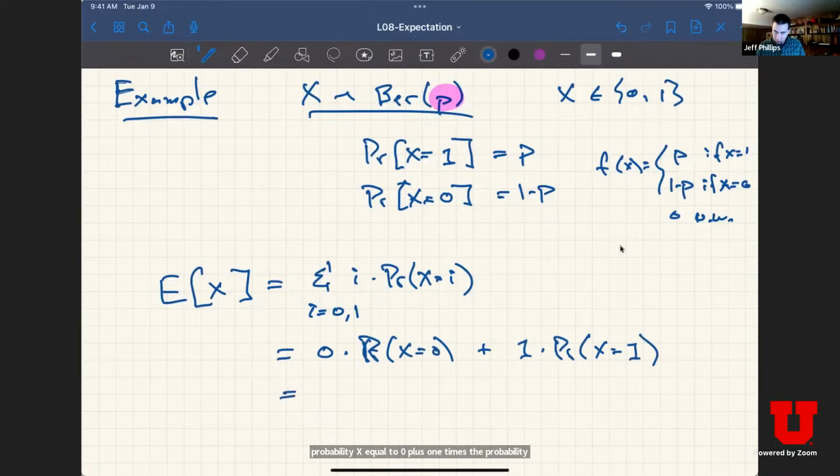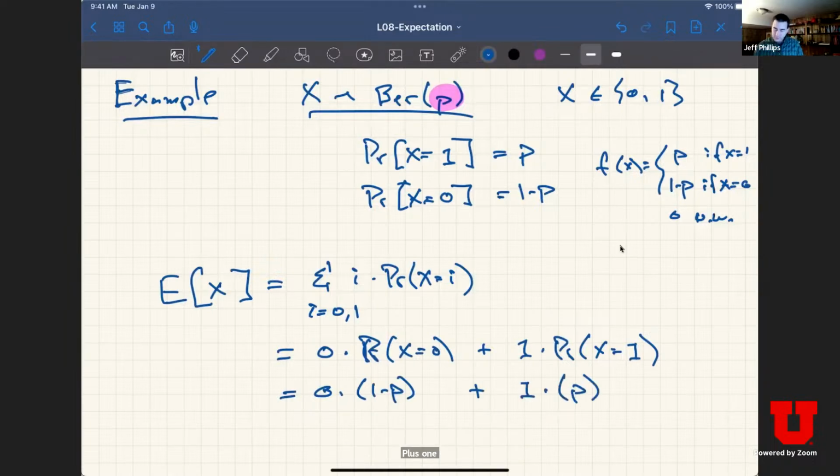And that is equal to 0 times (1 minus P) plus 1 times P. Anything multiplied by 0 is 0, so this term goes away. 1 times anything doesn't do anything. So we're left with just the answer P.